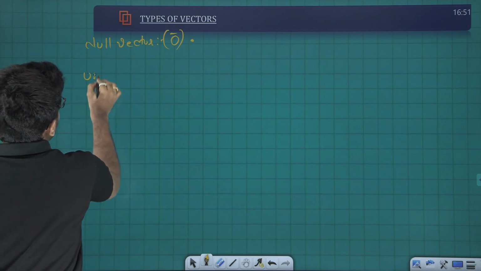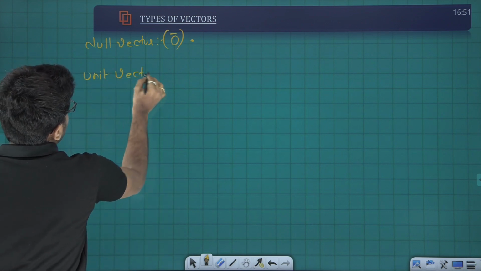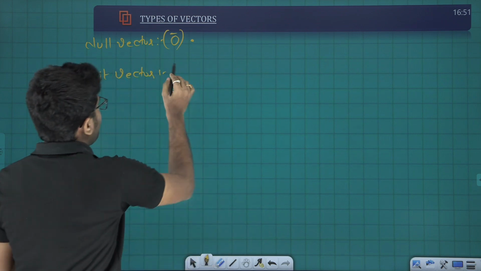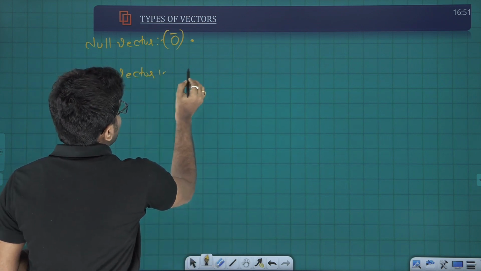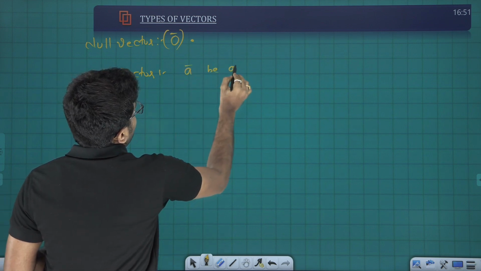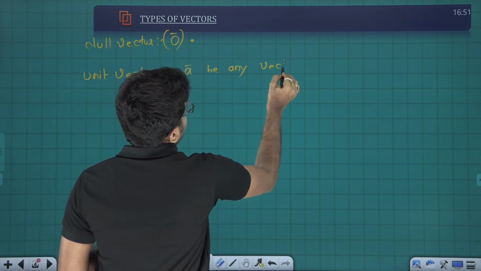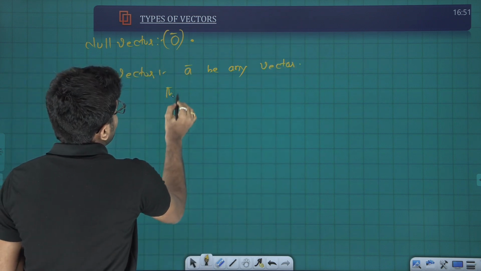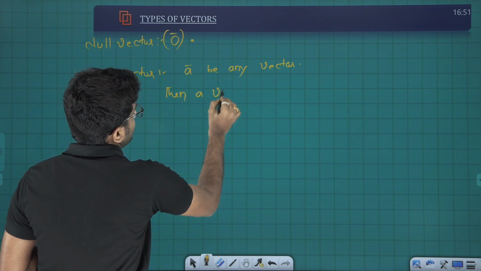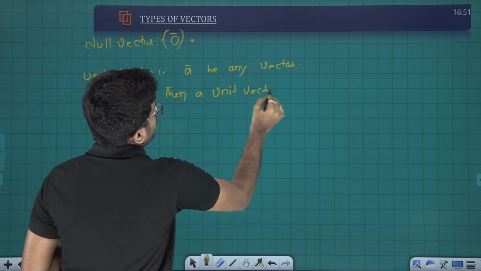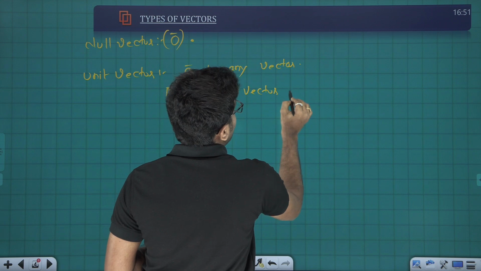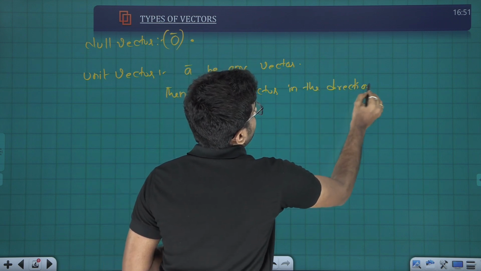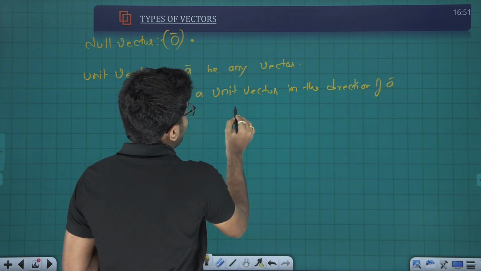Next, unit vector. A vector which has magnitude 1 unit. Let's say A bar is any vector, then a unit vector in the direction of A bar is denoted as A cap, friends.